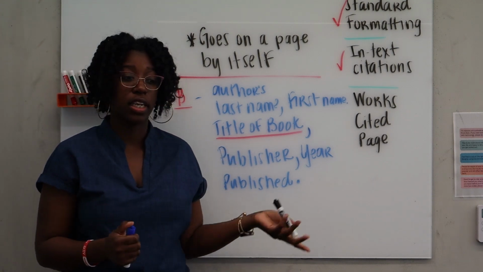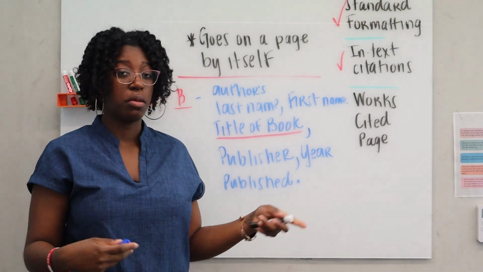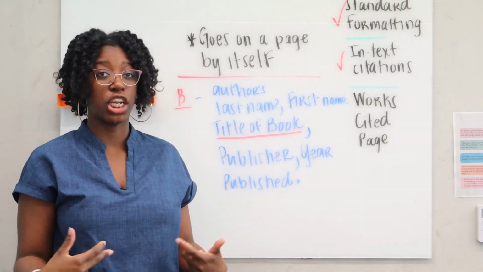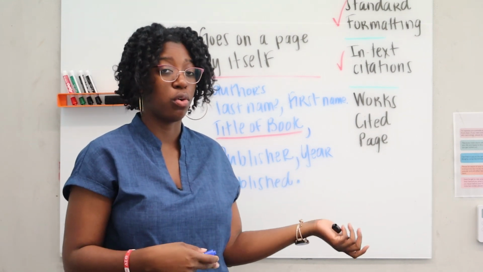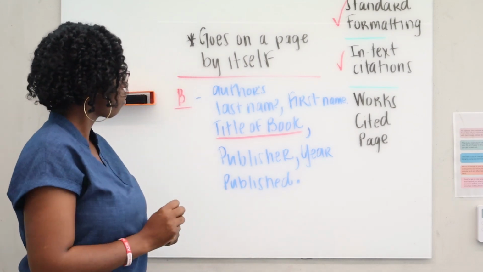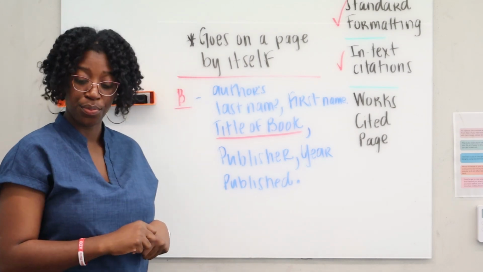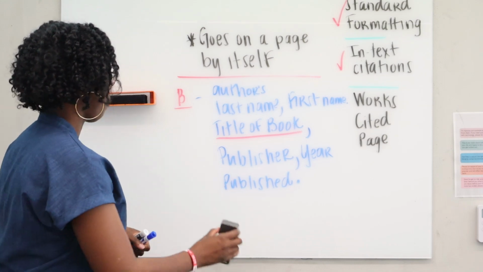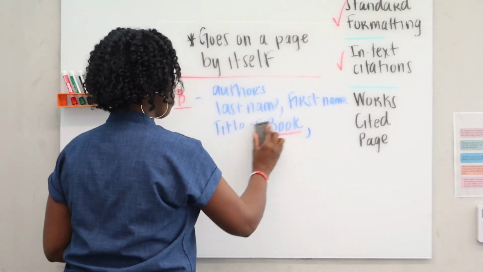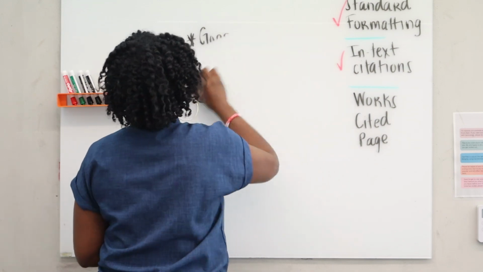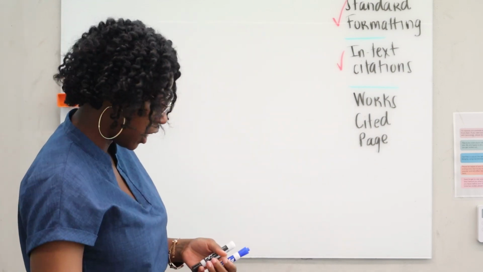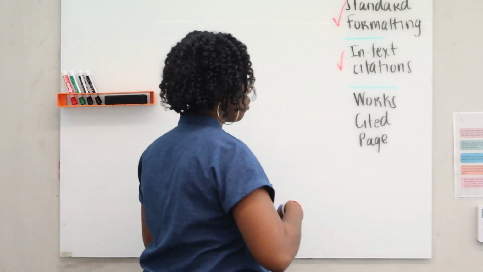So some similarities, but much, much shorter because there's less information to give about a book than it is to give about an article or a journal. And that is the works cited page.